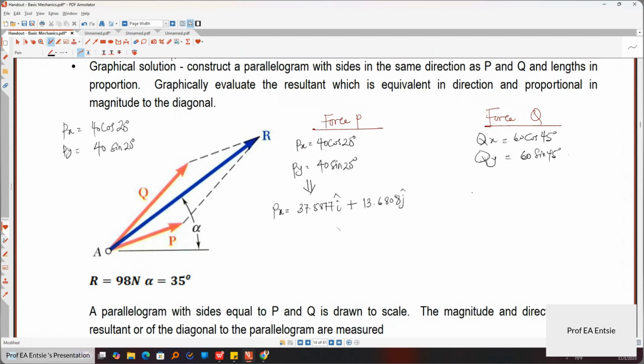Then let's do Q. So this one is P. Now the P in Cartesian form is this.